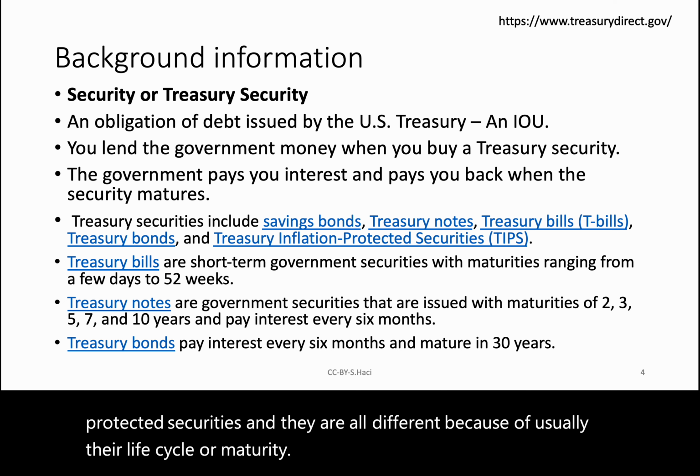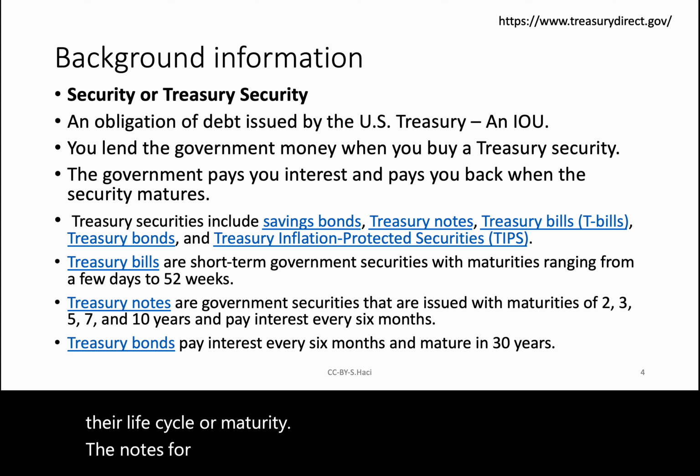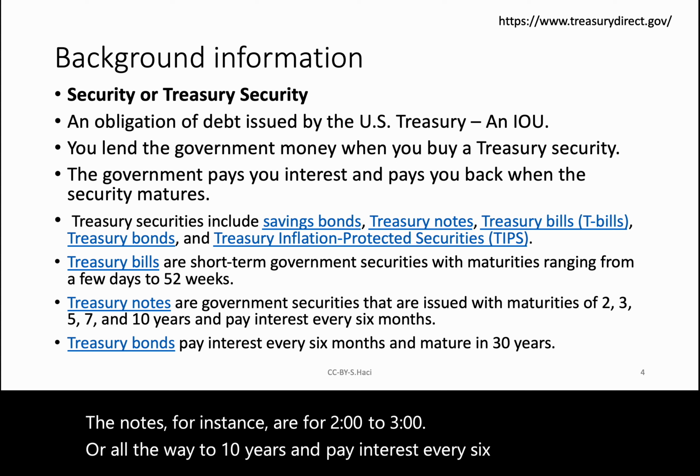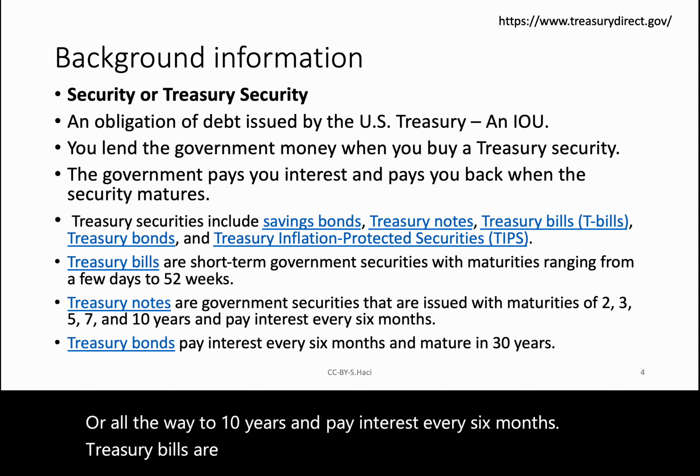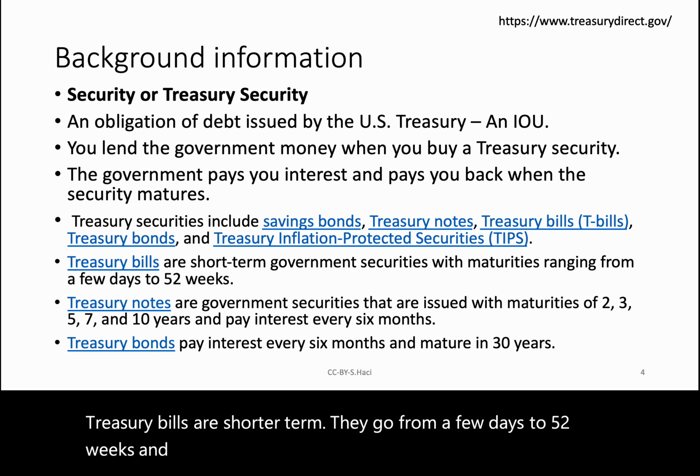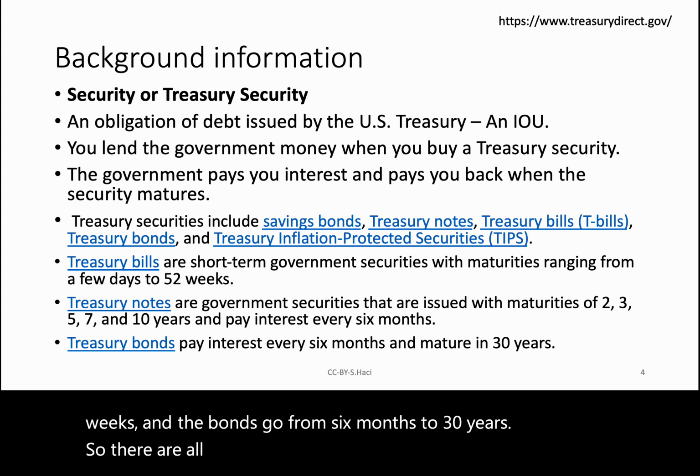The notes, for instance, are for 2 to 3 or all the way to 10 years and pay interest every 6 months. Treasury bills are shorter term. They go from a few days to 52 weeks. And the bonds go from 6 months to 30 years. So there are various types of IOUs for the federal government.